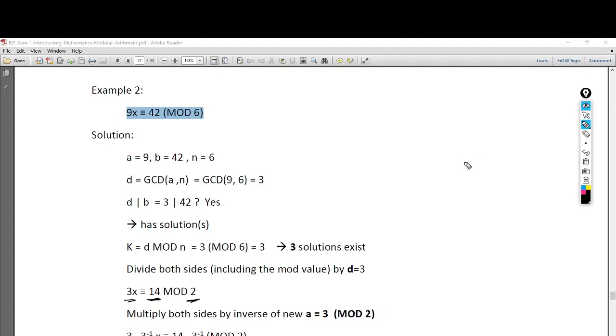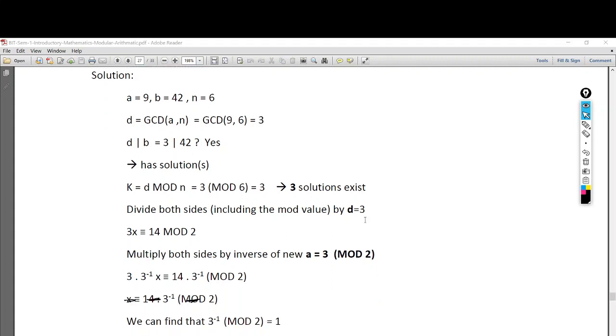So now our equation is reduced to 3x is congruent to 14 mod 2, right? Now what are we supposed to do? We are supposed to multiply both sides by the inverse of a, the new a.